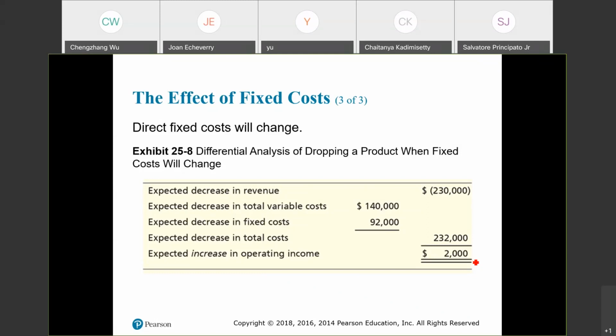So the decrease in total cost is greater than the decrease in revenue. In this case, it means it is a better decision to drop the premium tablets.